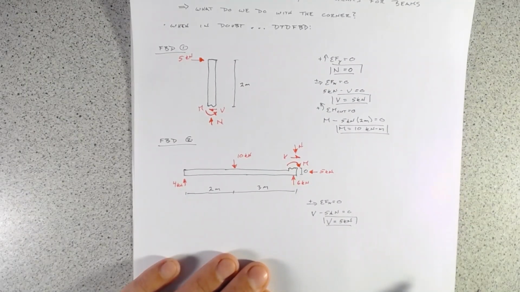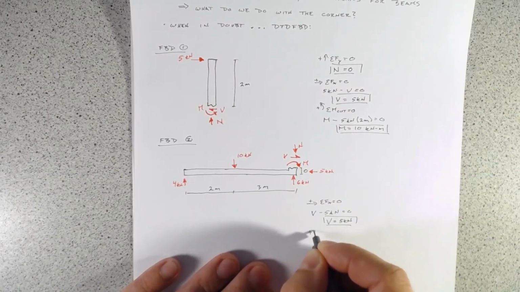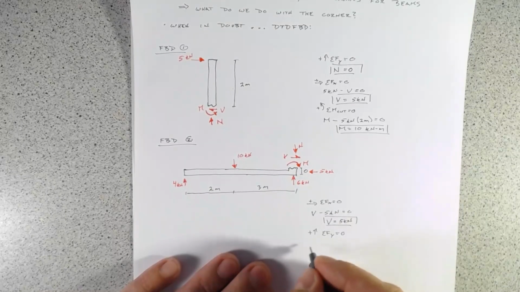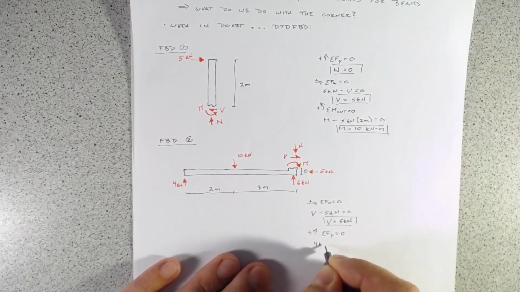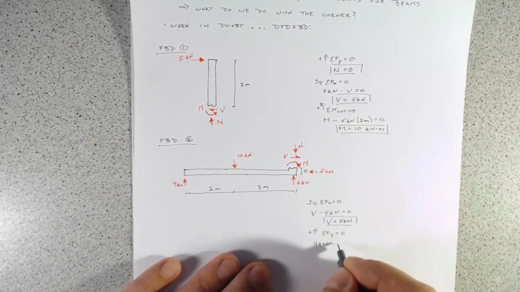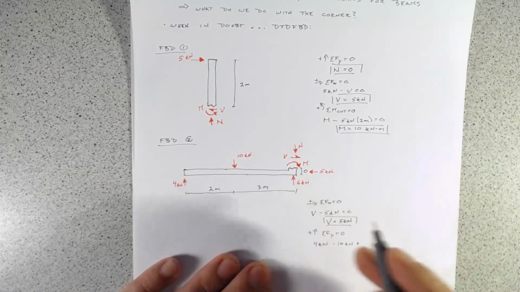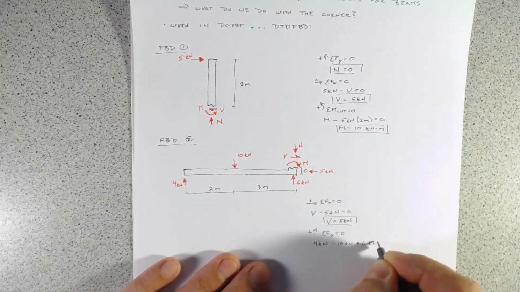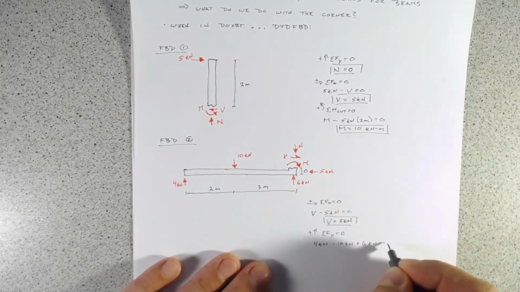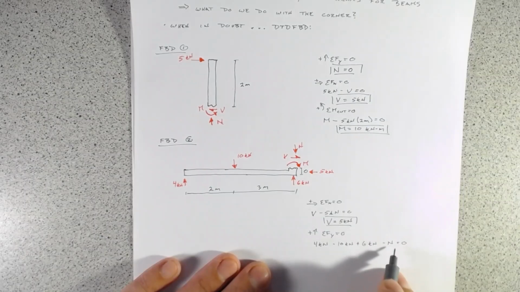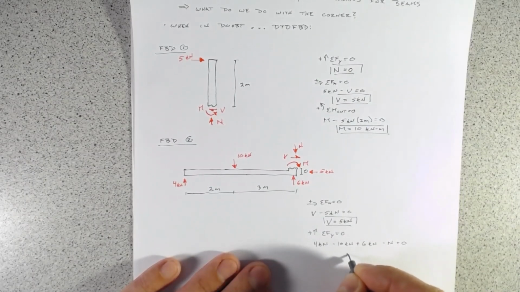Now looking at our forces in the y direction. We get 4 kilonewtons minus 10 plus 6 kilonewtons and minus N, and all of that equals 0. 4 plus 6 is 10, minus 10 is 0, so we get N equals 0.